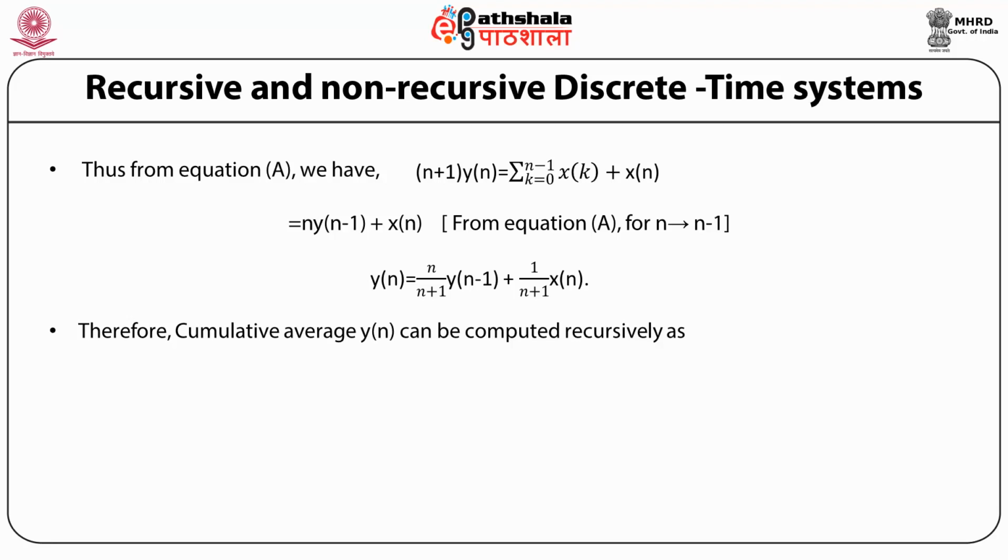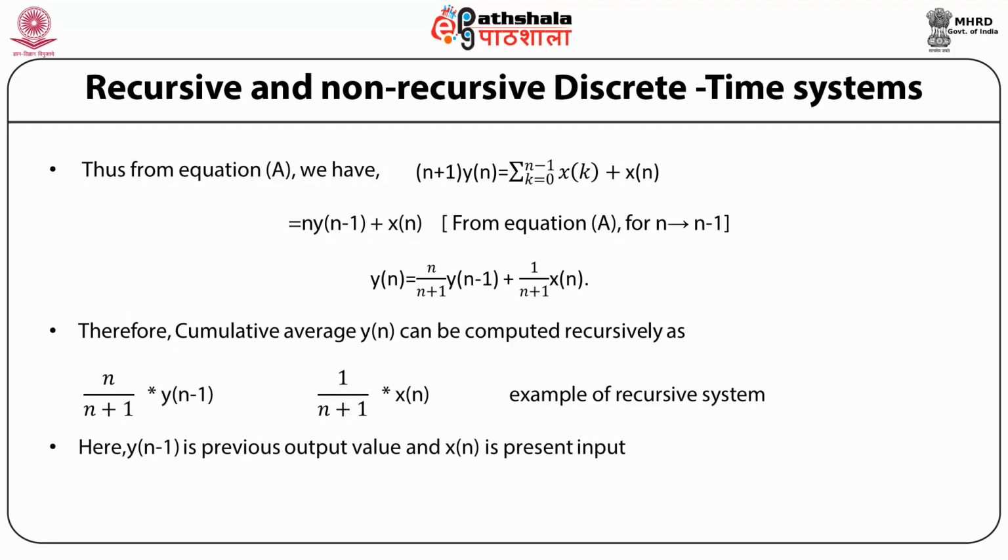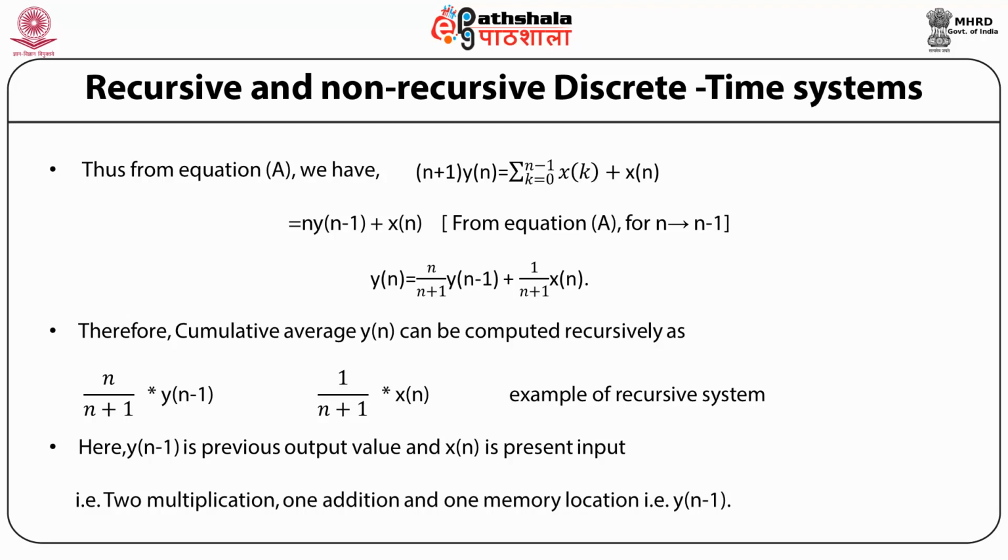Therefore, the cumulative average y(n) can be computed recursively as n by (n plus 1) multiplied by y(n minus 1), the previous output value, and 1 by (n plus 1) times x(n), the present input. That is 2 multiplications, 1 addition and 1 memory location, that is y(n minus 1).